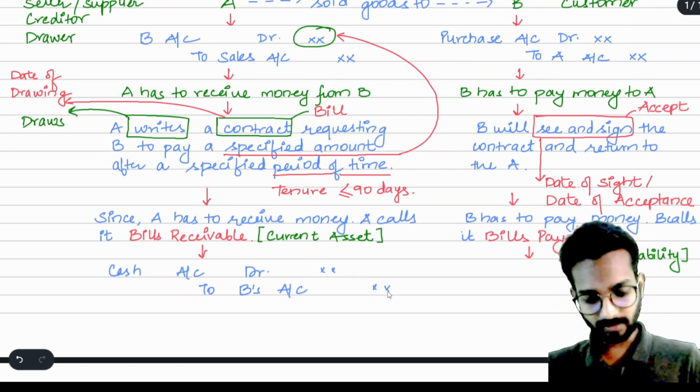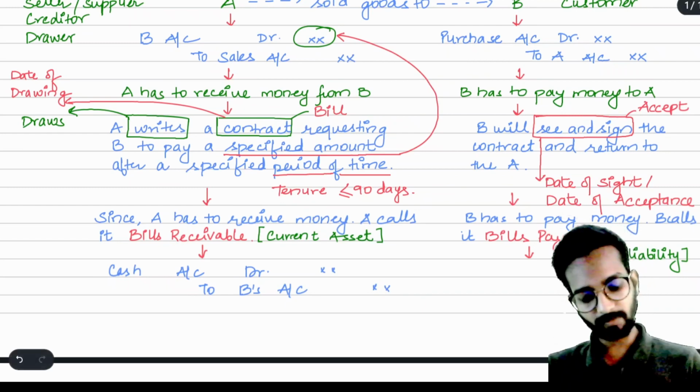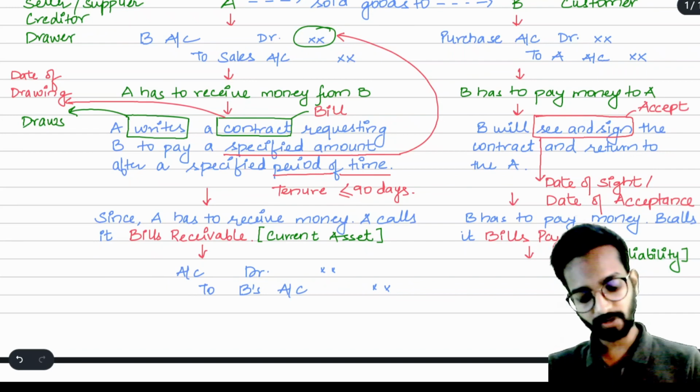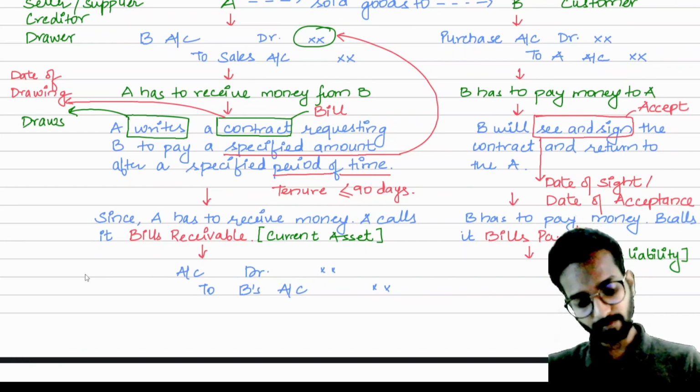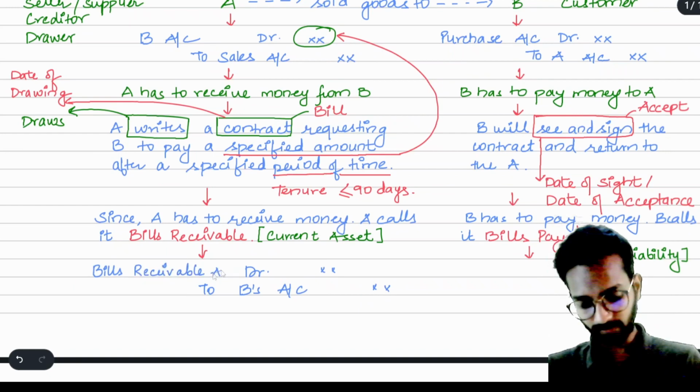That is only when I would have received money from B. But the problem here is I have not received money. If I have not received money, what did I receive? I received bills receivable. So I will write here bills receivable account.